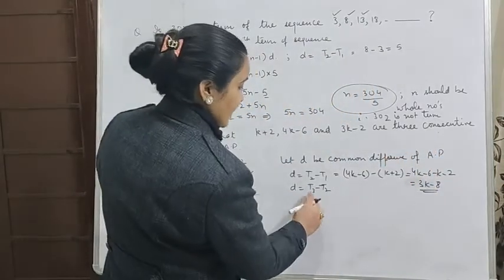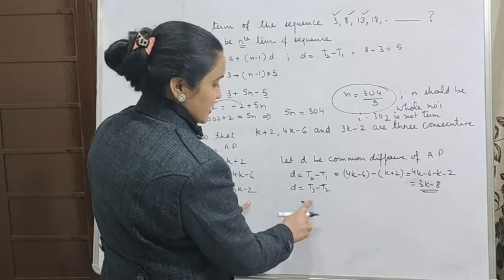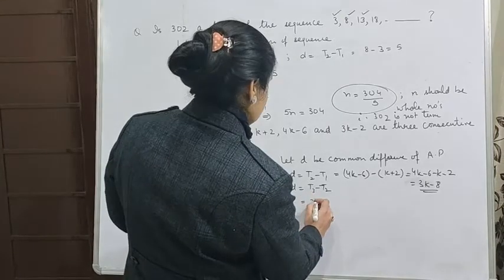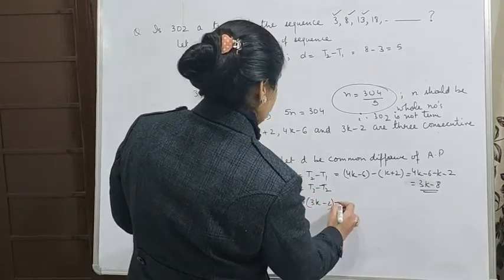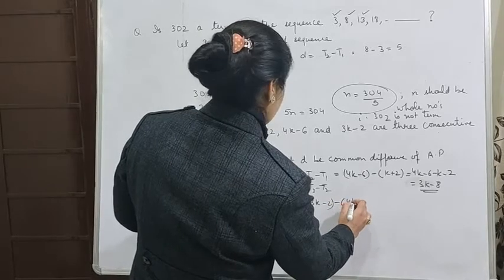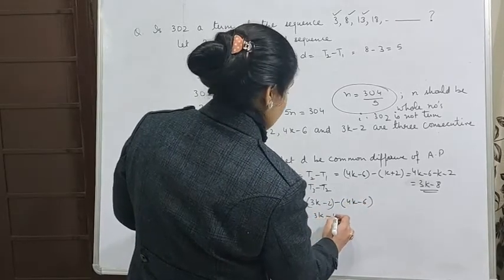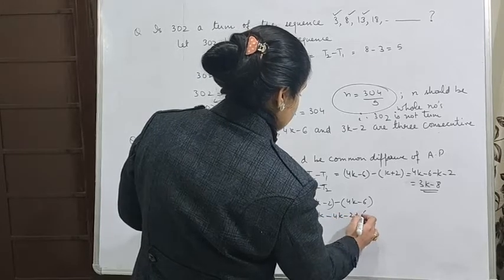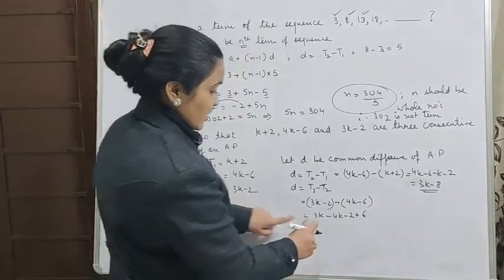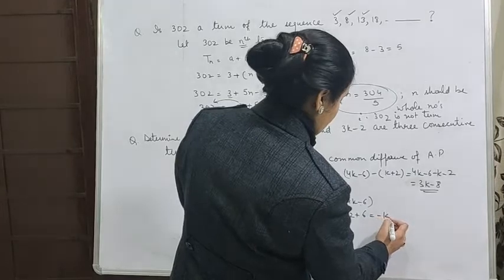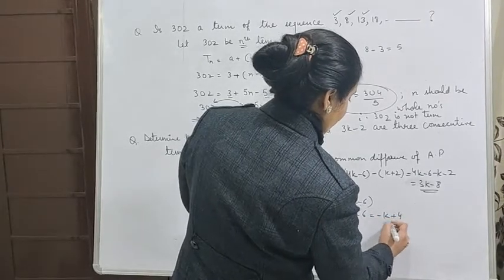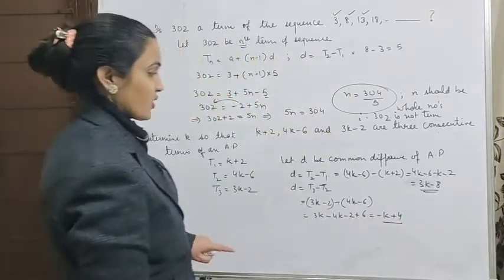Let us now find T3 minus T2. T3 is 3k minus 2 and T2 is 4k minus 6. So we have 3k minus 4k minus 2 plus 6. It is minus minus plus. So we have minus k plus 4, since minus 2 plus 6 is 4.